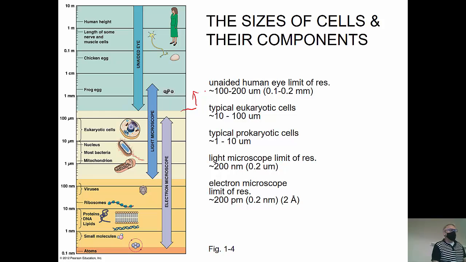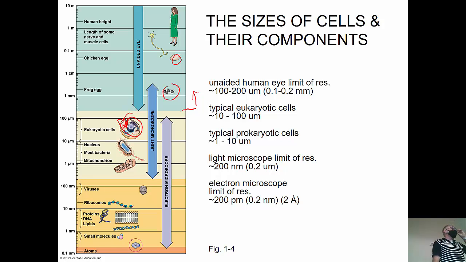And we can see here that we can see some single cells. So here we have some frog eggs and a chicken egg, and we can visualize those. But most of the cells we're interested in lie down here, which is below our limit of resolution. So we can't actually see these things. So this is an animal cell, which averages for a human about 50 micrometers.